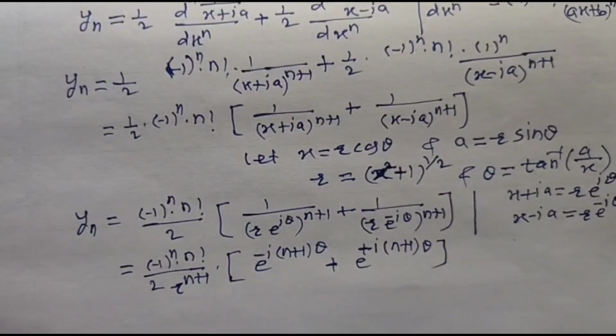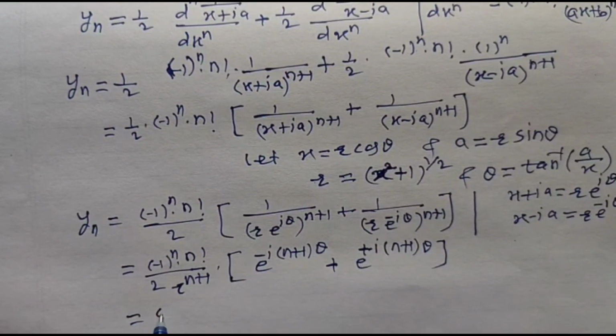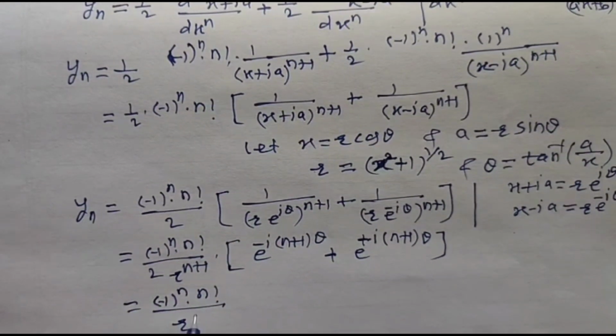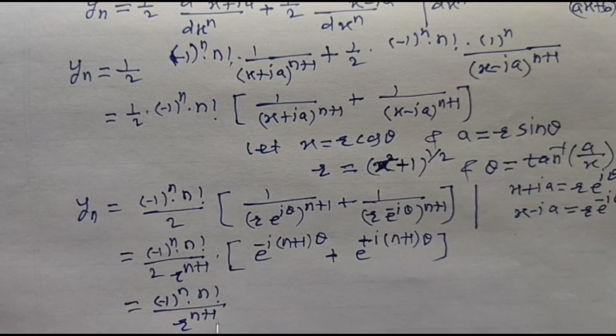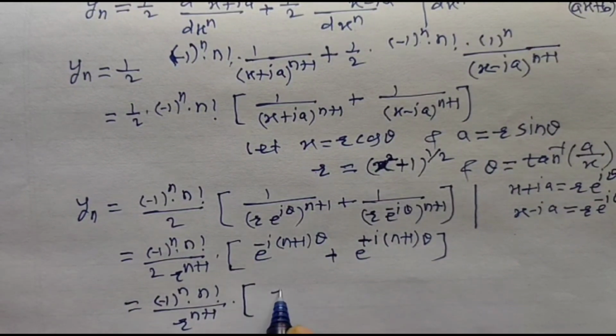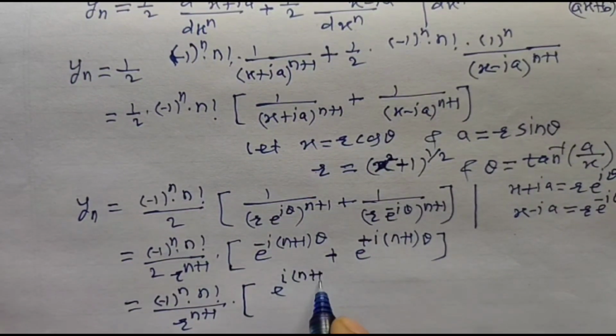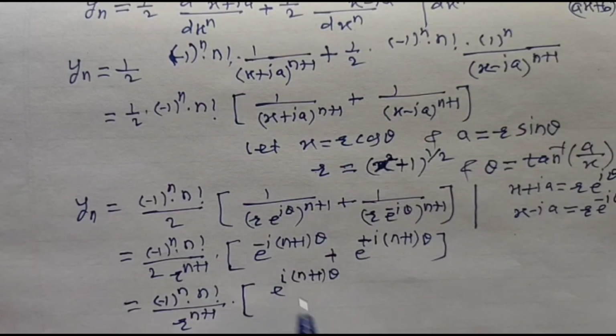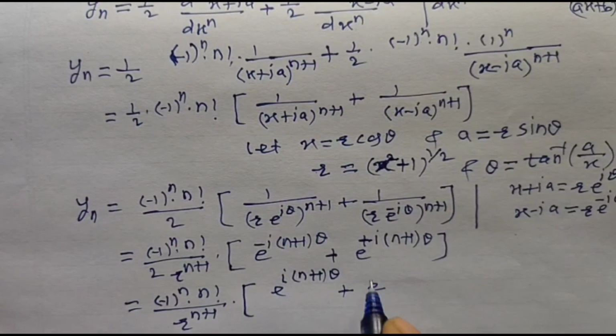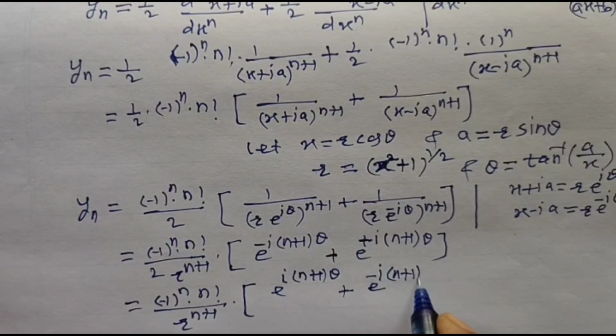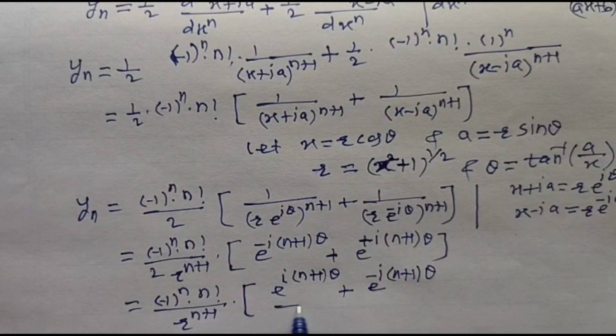Now this is equal to minus 1 to the power n factorial upon r to the power n plus 1 into bracket e to the power i n plus 1 times theta plus e to the power minus i n plus 1 times theta, divided by 2.